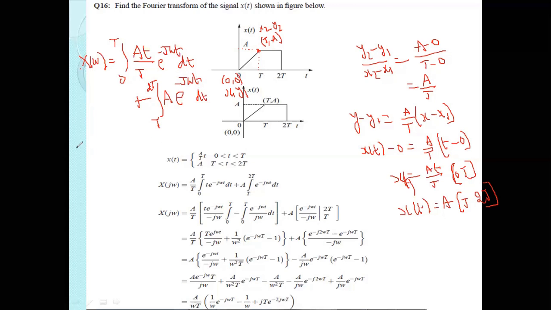Now we can apply the integral. A by the capital T is constant there, and t into e power minus j omega t.